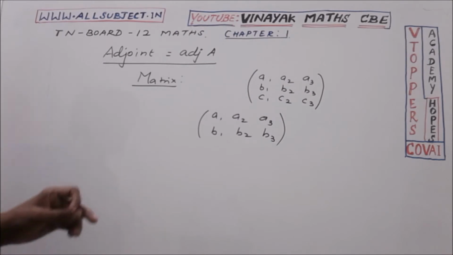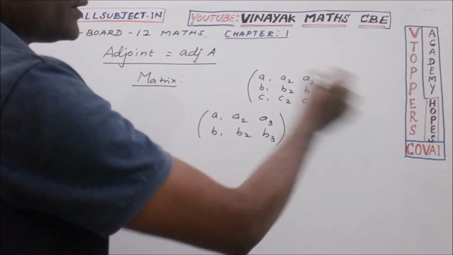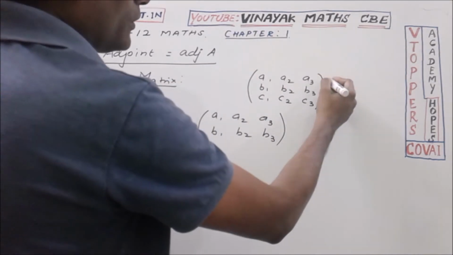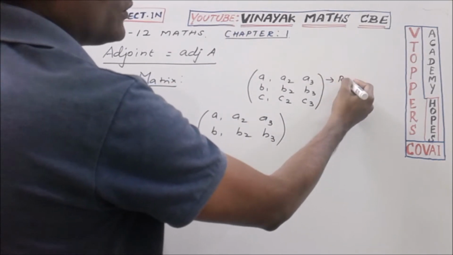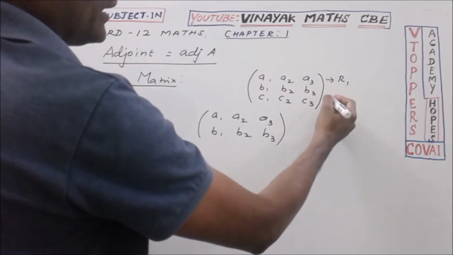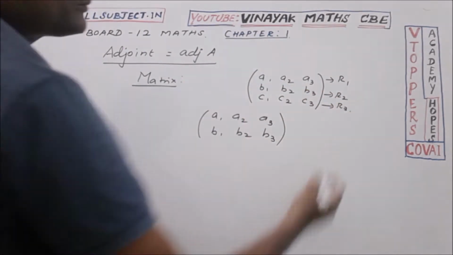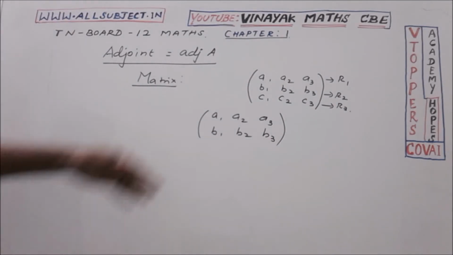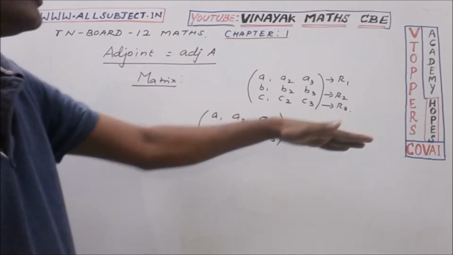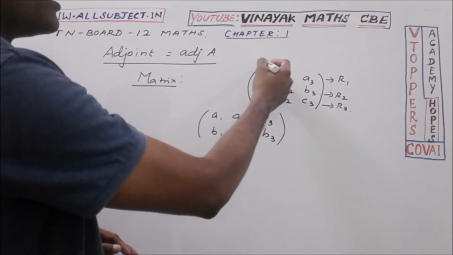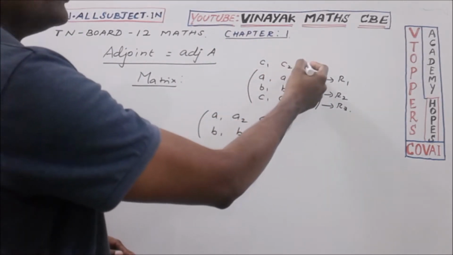Which is a row? The entries that are horizontal are known as rows. This is row 1, the second is row 2, the third is row 3. The vertical entries are known as columns: column 1, column 2, column 3.